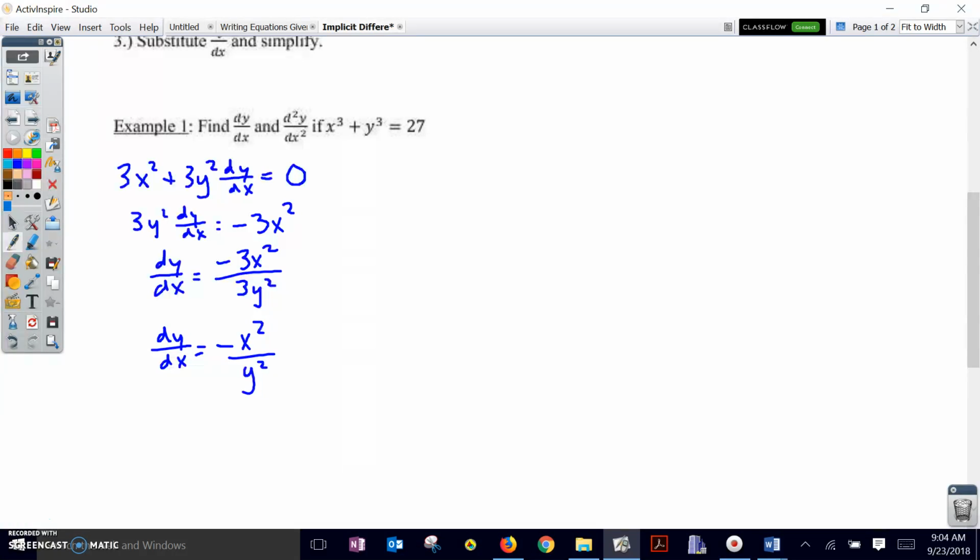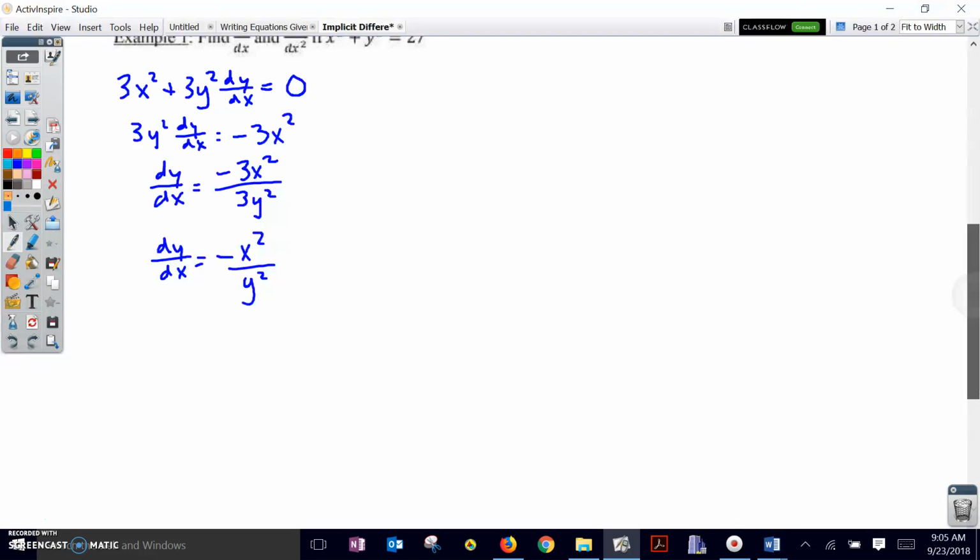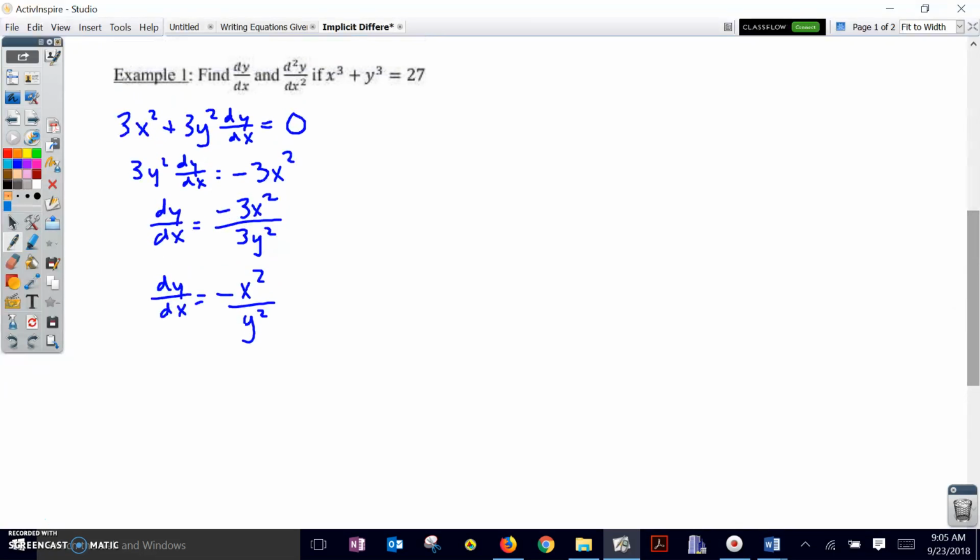And it doesn't matter where we put the negative sign here in our derivative. We can put it in the numerator, we can put it in the denominator, we can put it out in front of the fraction. Whichever we choose is just going to dictate what happens as we take that second derivative. I'm going to opt to leave the negative sign out in front of the fraction, because then it's just a constant multiple of the derivative of the fraction.